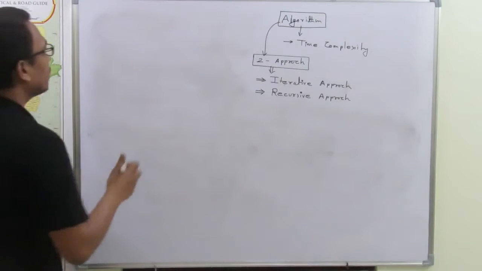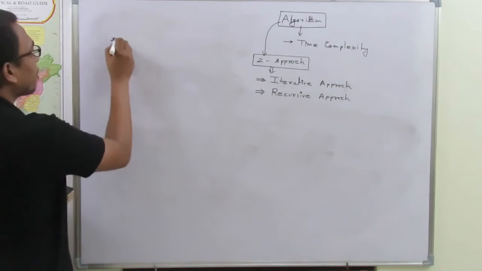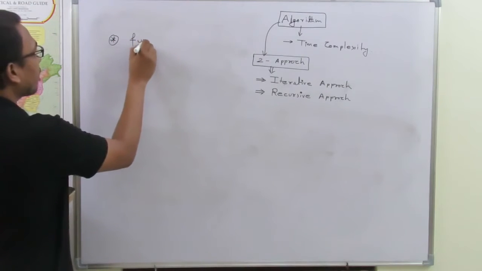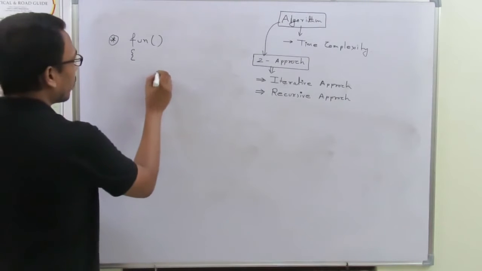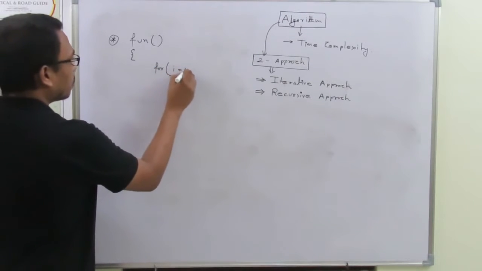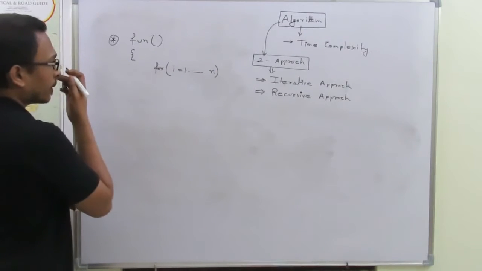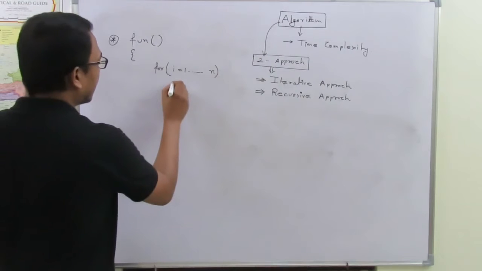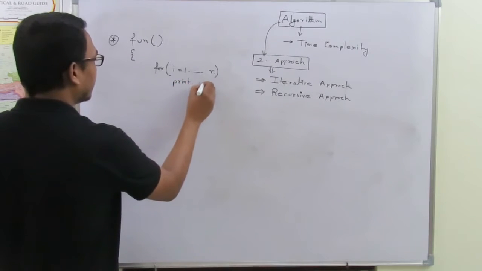Let's say we have a problem, like again we have a function, and in this function we have one loop for i equal to 1 to n. Then it prints i.